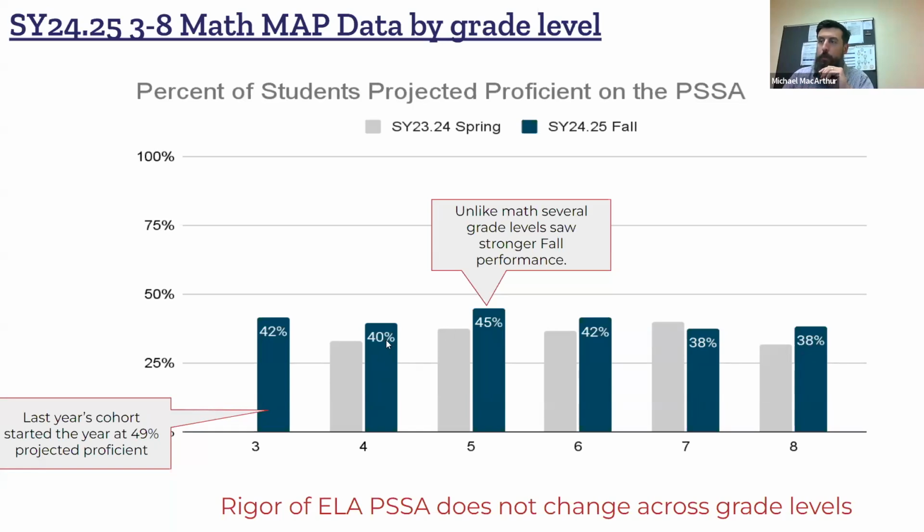It is also true that most cohorts had better fall performance than they did the previous year. That is not true for our 3rd grade cohort, though. When we compare this year's 3rd grade cohort to the 3rd grade cohort from last year, it went from 49% to 42%.